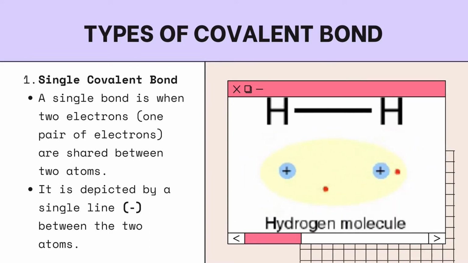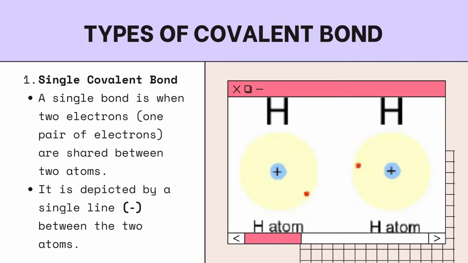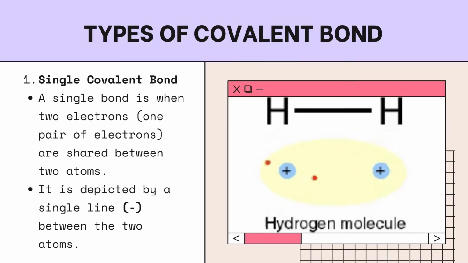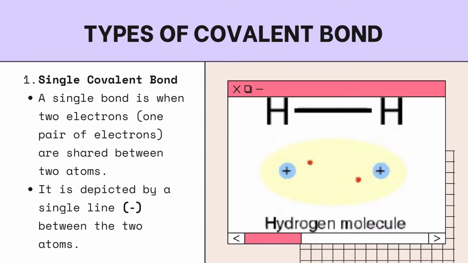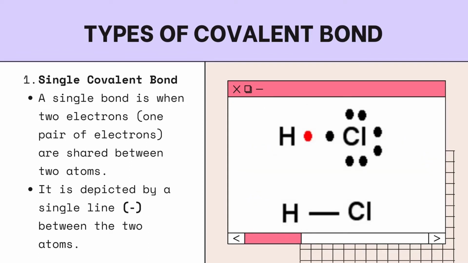As shown here, hydrogen atoms bond, forming a single covalent bond. Another example that we have is a Lewis dot structure of hydrogen chloride demonstrating a single bond. Hydrogen chloride has one hydrogen atom and one chlorine atom.